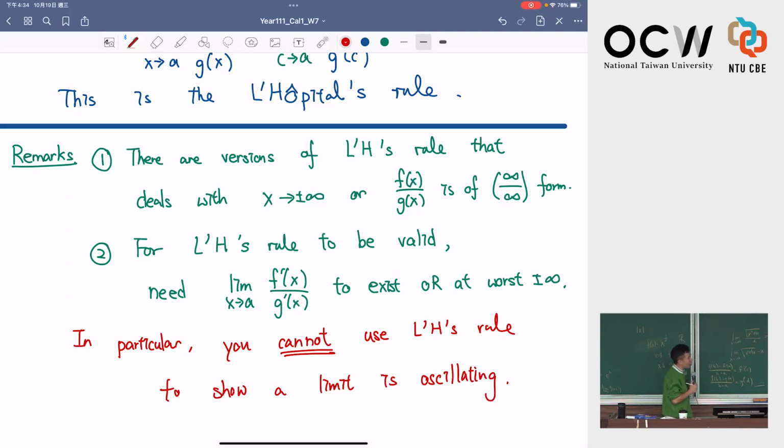Whenever you apply the L'Hopital rule, the conclusion can never be that your limit is oscillating, because the proof would fail. We will see some misuse of L'Hopital rule later, but today we're going to go through a few standard examples first.